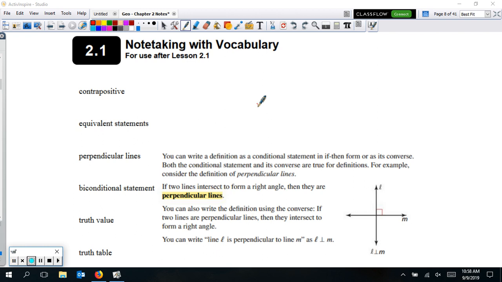Okay, so one more definition that you need to know from this 2.1, and you want to go back to page 35 where the vocab is, because this one you're not going to highlight, you're actually going to have to write it down. And that would be perpendicular lines. So what are perpendicular lines? They are lines that intersect to form a right angle.